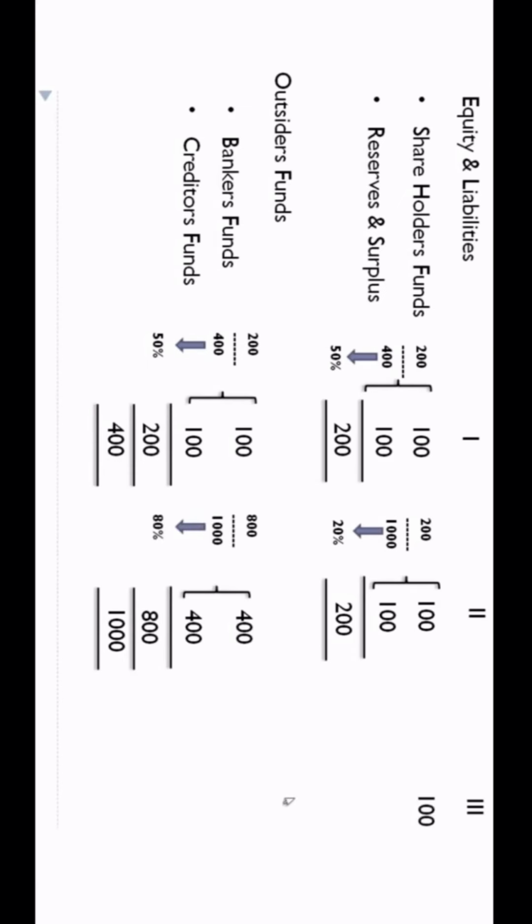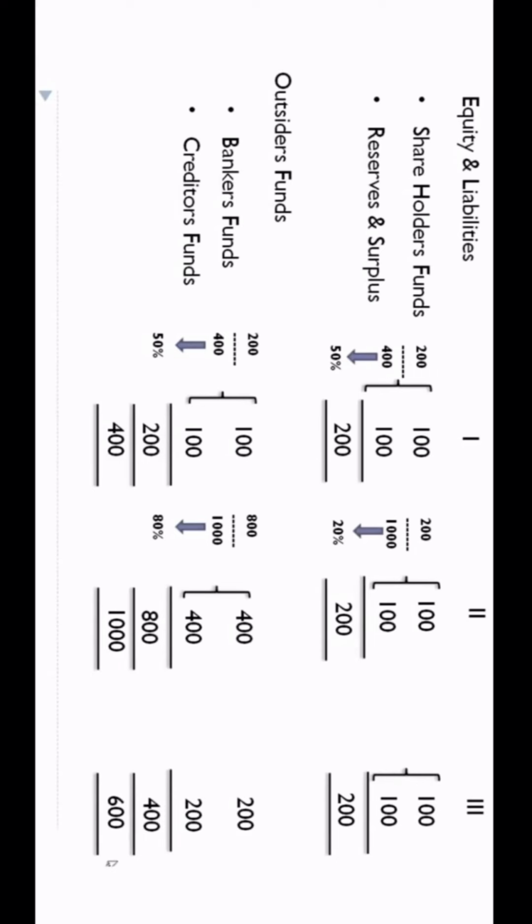In scenario 3, the shareholder funds, that is share capital, is 100, reserves and surplus is 100, so the total is 200. Whereas the banker funds are 200, creditors funds 200, total outsiders funds are 400, and total liability is 600. How is it? 200 plus 400, 600. Now this 100 plus 100 is the shareholder funds, which is 200 out of 600.